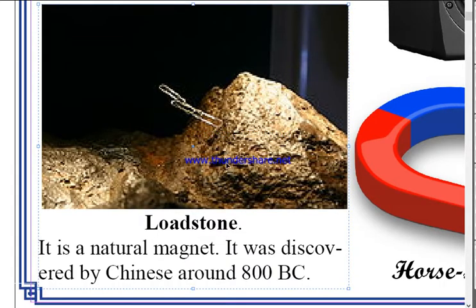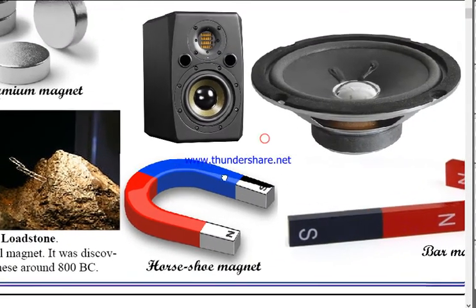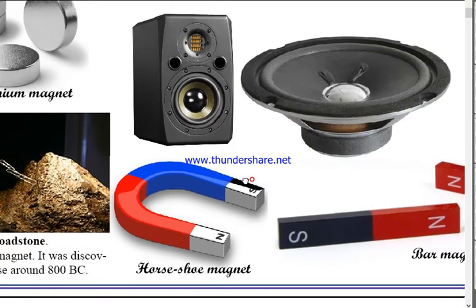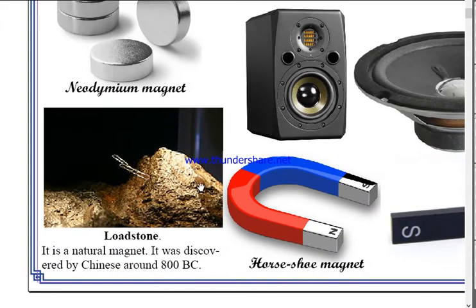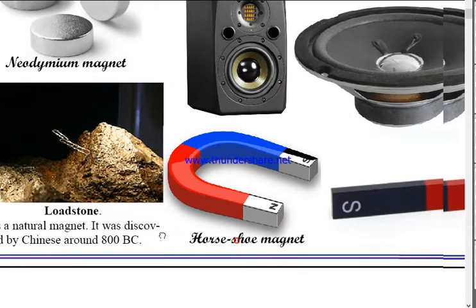It is a natural magnet, and it was discovered by the Chinese around 800 BC. 800 BC means 800 years before Christ was born. Some documents also claim that lodestone was discovered by a Greek shepherd. Anyway, I included whatever is given in your textbook.